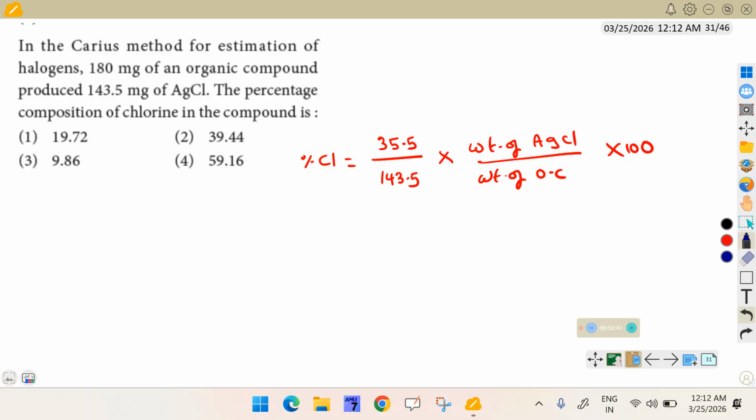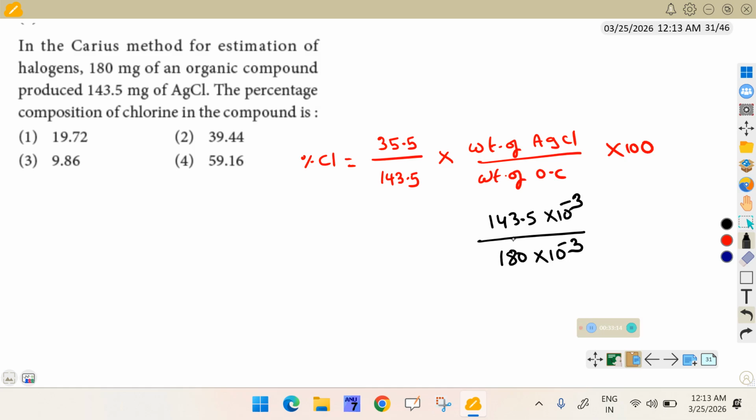Carius method for estimation of halogens: 180 milligrams of an organic compound. Weight of organic compound 180 milligrams converted to grams is 180 into 10 power minus 3 grams. It produced 143.5 milligrams of AgCl, converted to grams, 143.5 into 10 power minus 3.